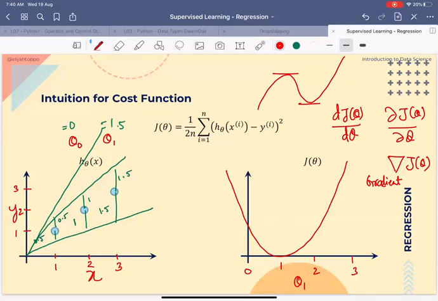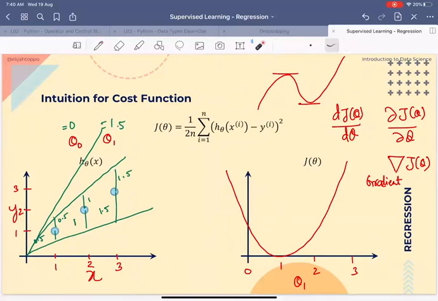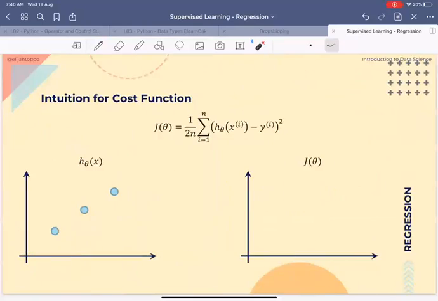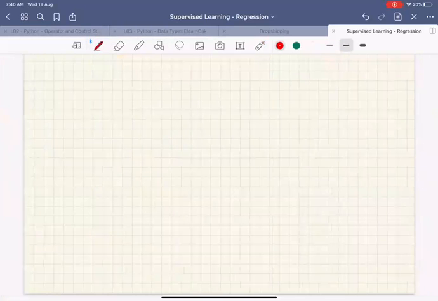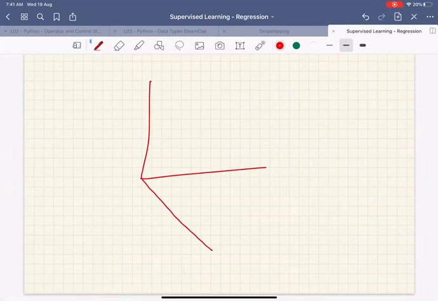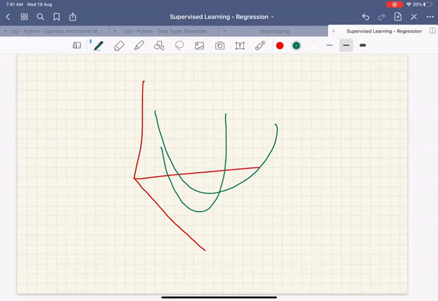Okay. So let me go one step further. We saw this for a single dimension. It would look like this. But when I have a multiple dimension case, something like this, I'm trying to draw a surface, but I'm not sure if that is visible.